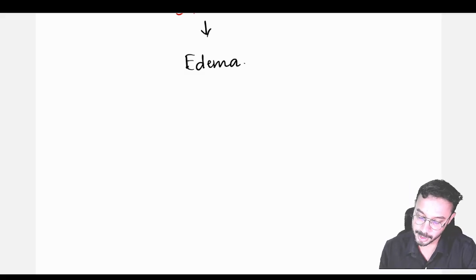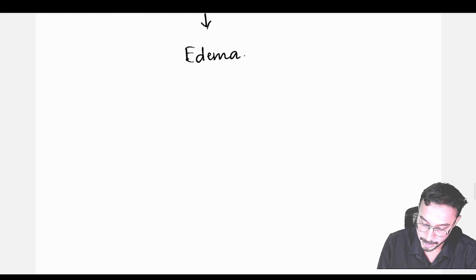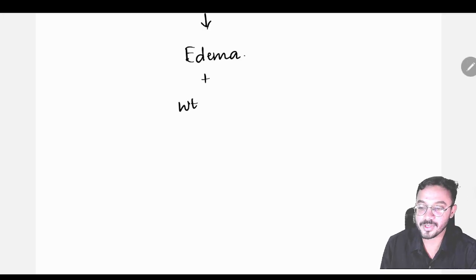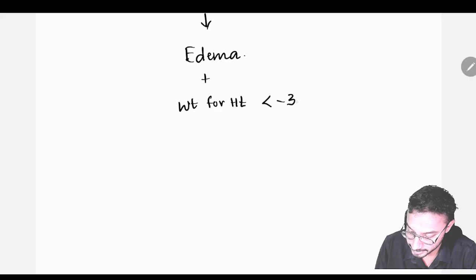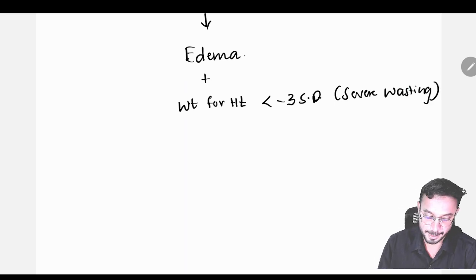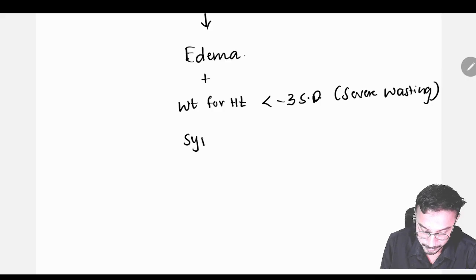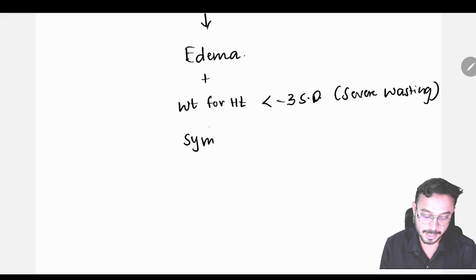So that's why I taught the basics. Severe acute malnutrition: weight for height less than -3 standard deviation indicates severe wasting. Now you are getting it, no? And you may find edema, symmetrical edema. These are all the characteristic features. And what about the mid upper arm circumference? Yes, that should be less than 11.5.